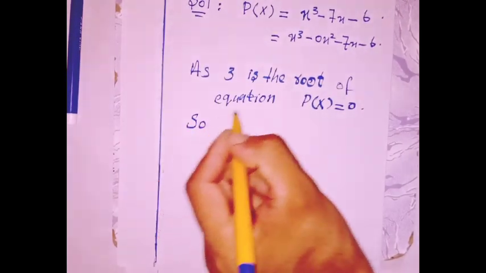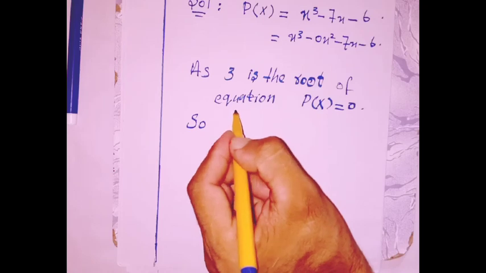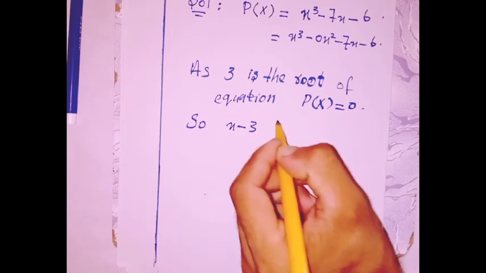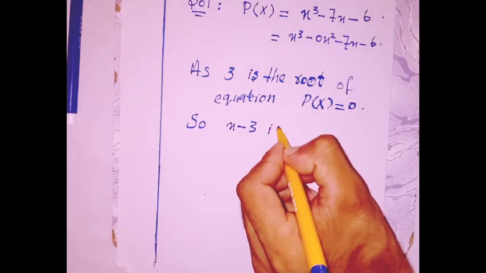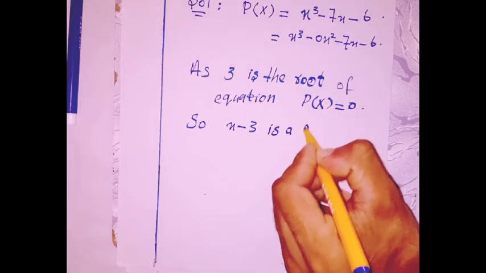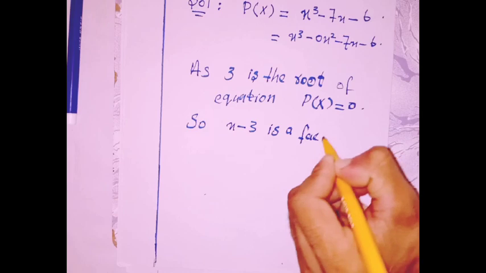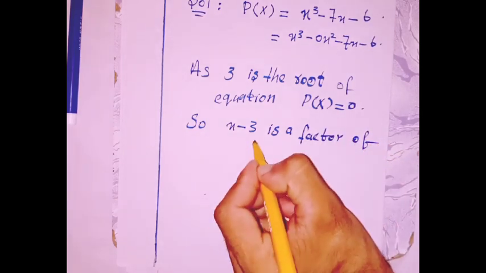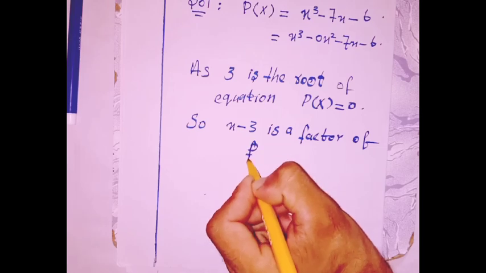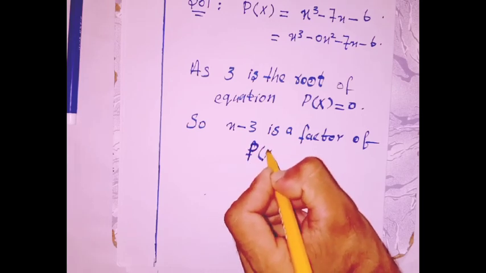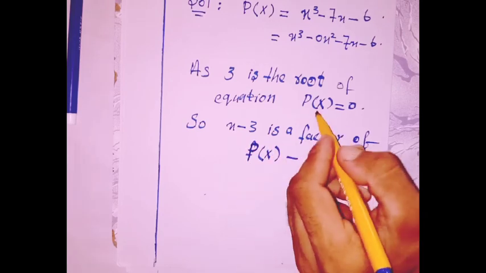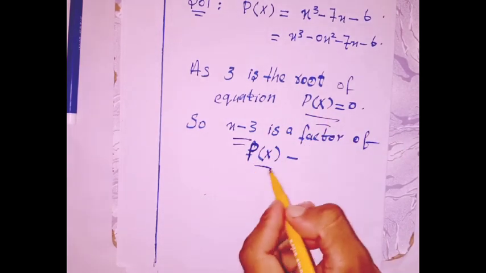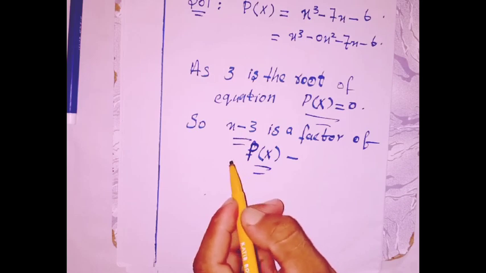So we have x minus a. So here we have x minus 3 is a factor of the given cubic equation. We represent the cubic equation by p of x. So x minus 3 is a factor of p of x.